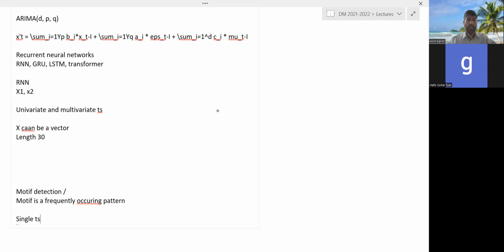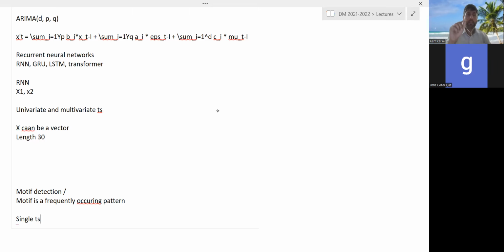So maybe after analysis, we find that a pattern like low, high, high, low is something that occurs more frequently. Frequently would, of course, be based on ratios, depending on the length of the time series. So if this is the most commonly occurring pattern in this time series, then we say that this is a top motif in this data set, a single time series.